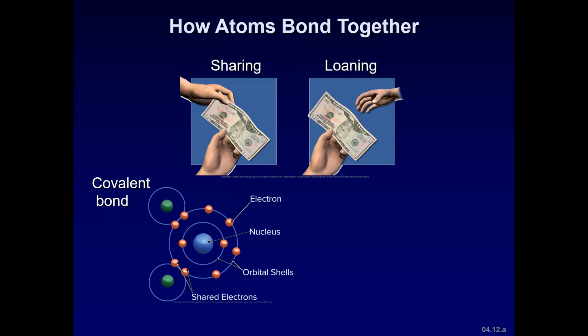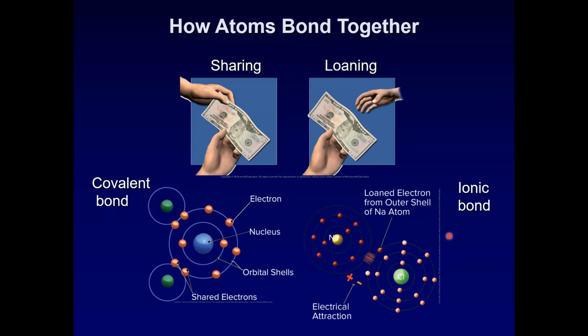Atoms can bond together by loaning, and we call that an ionic bond. We have one person giving the $50 bill to another person. An atom has lost or gained an electron. Because it can do that, it can do it again, and it tends to be relatively soluble in, say, water.